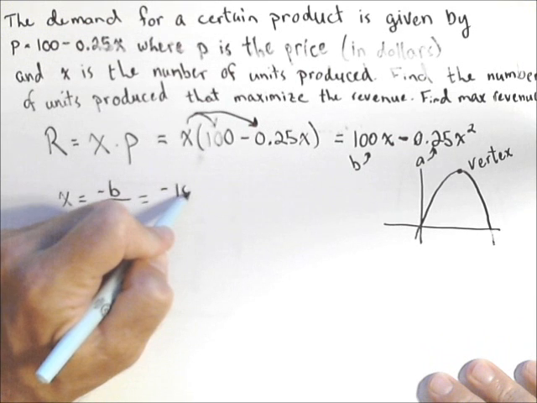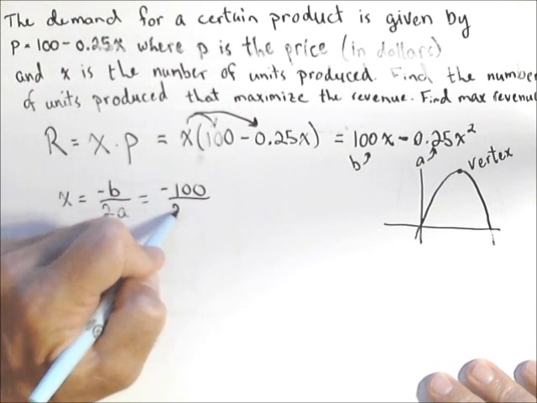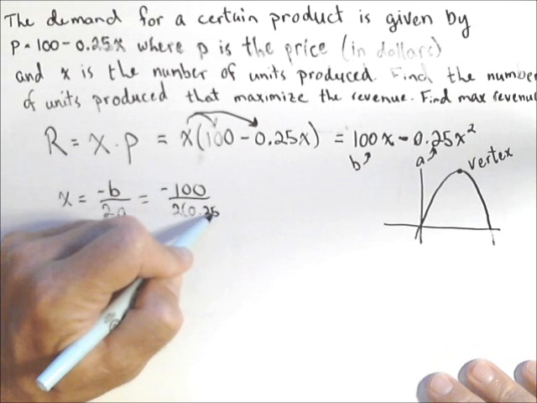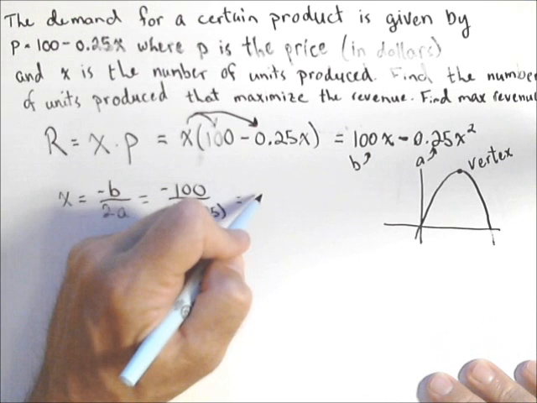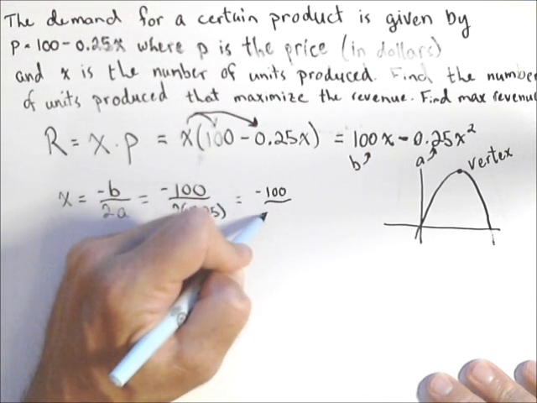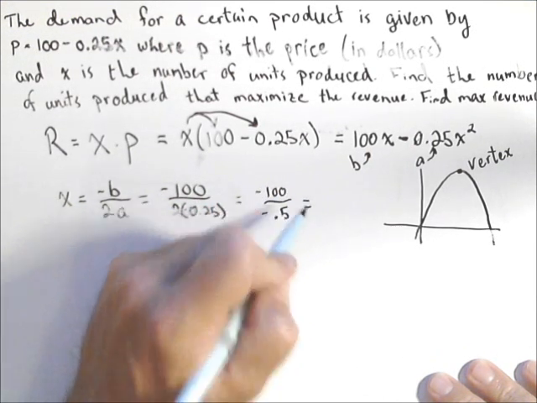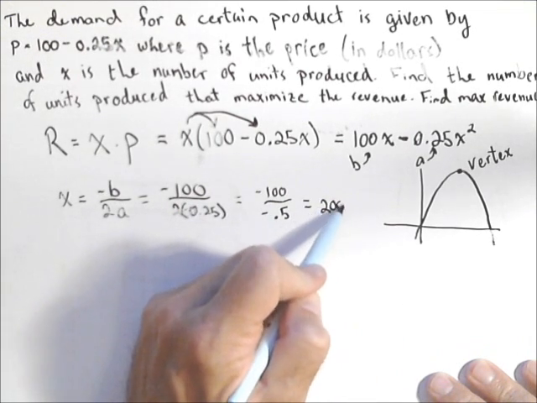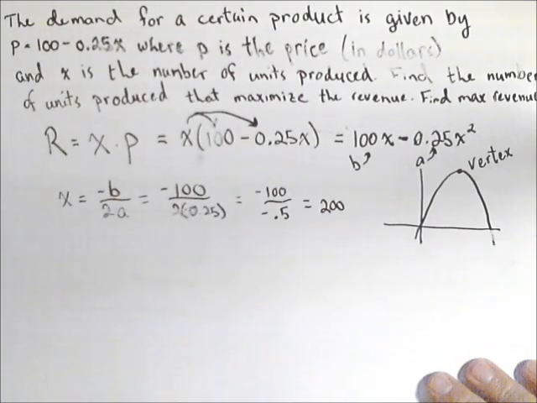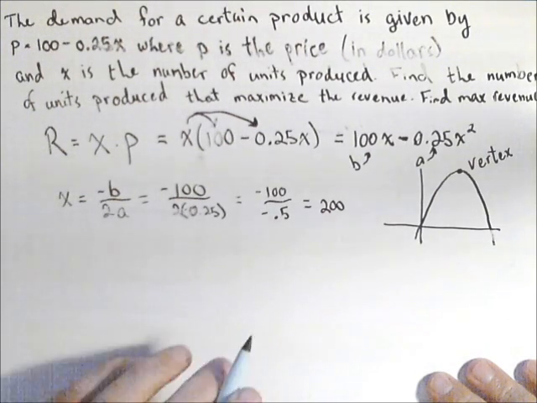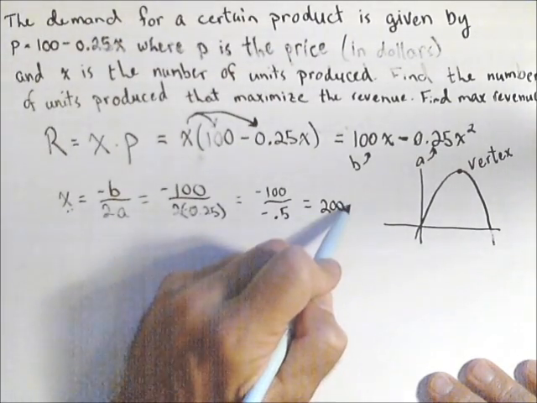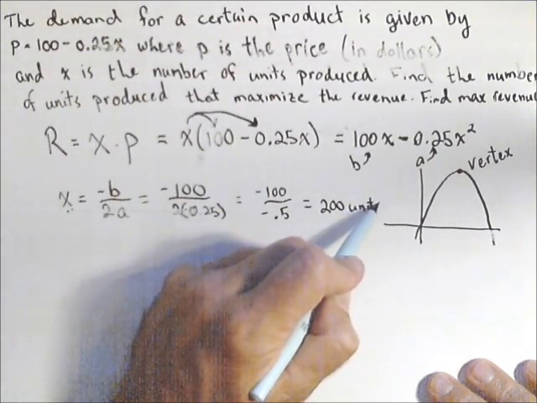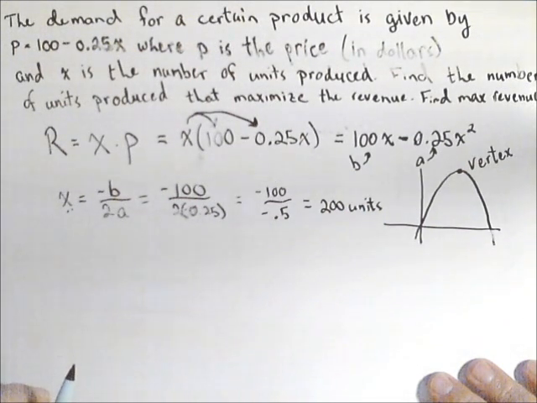So, negative 100 over 2 times negative 0.25 gives us negative 100 over negative 0.5, which gives us a positive 200. Now something to think about is, what is that 200? Well, this formula gives you the input of the vertex, or the x, so that's 200 units. So that's how many units they should be producing and selling in order to maximize their revenue.